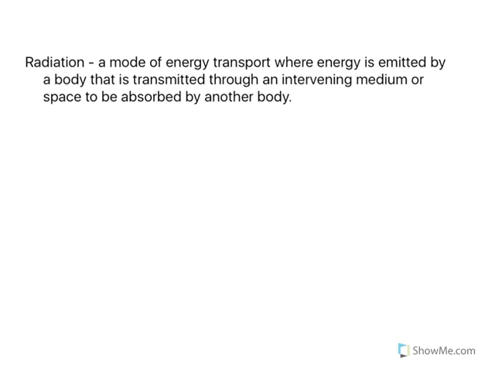Let's move on to radiation. Radiation is another mode of energy transport. In this case, energy is being emitted by a body, and that energy is being transferred through an intervening medium such as air or through space, and it is absorbed by another body.